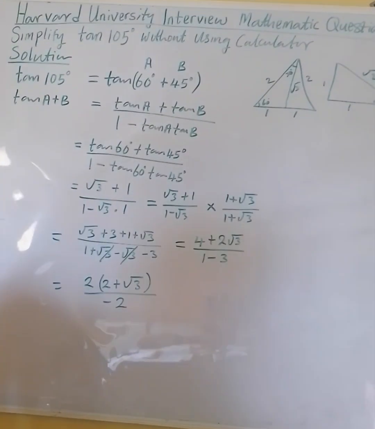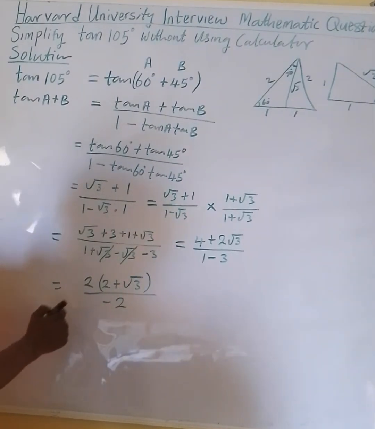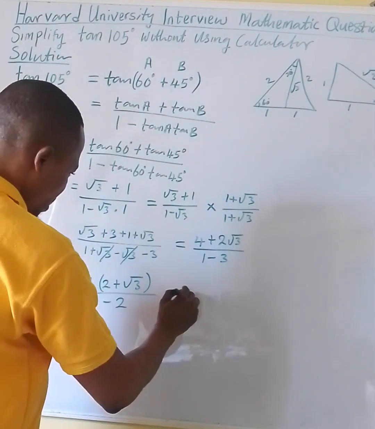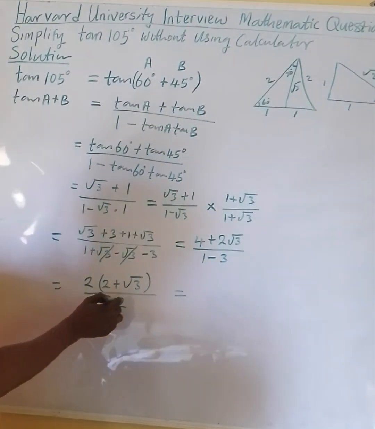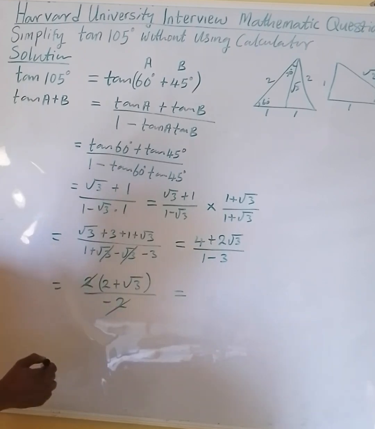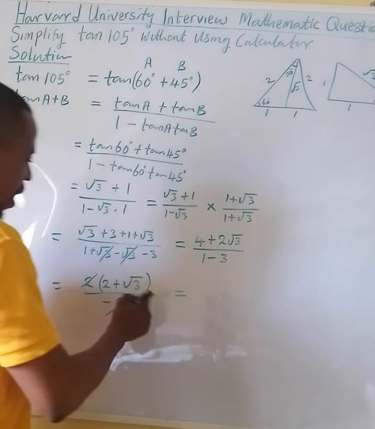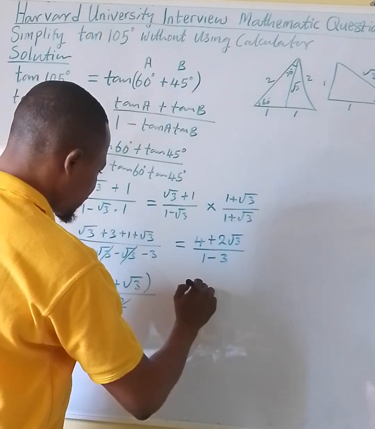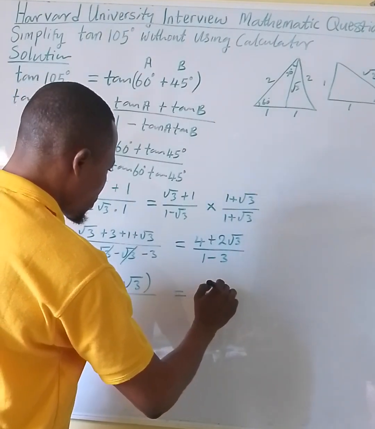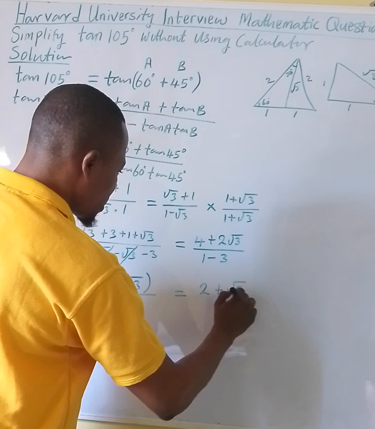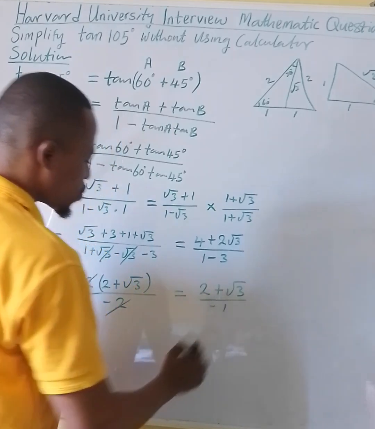Are we together now? So having done that, these 2 will cancel these 2. So we are now left with what? Minus 1. So it will give us 2 plus root 3 over minus 1.